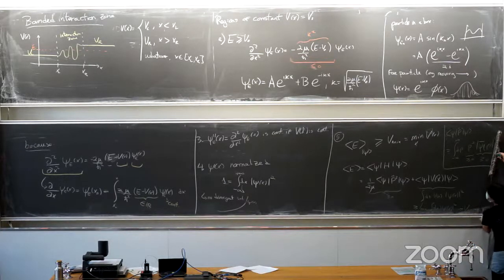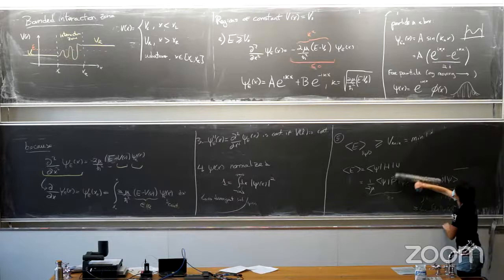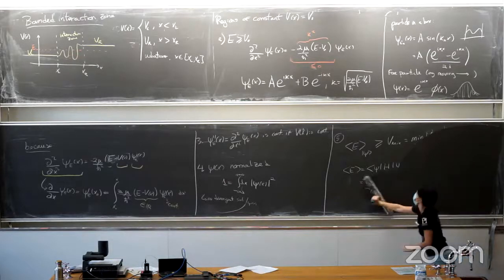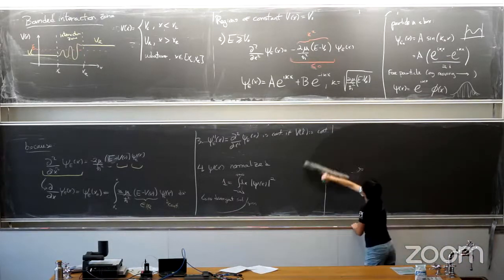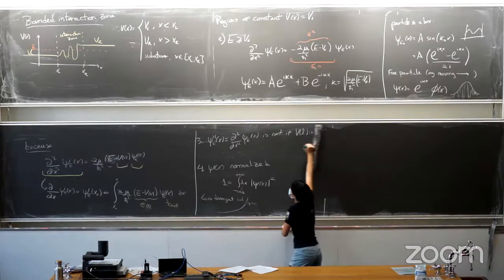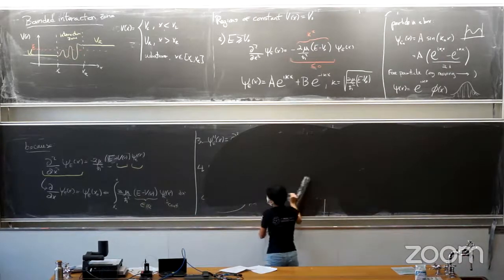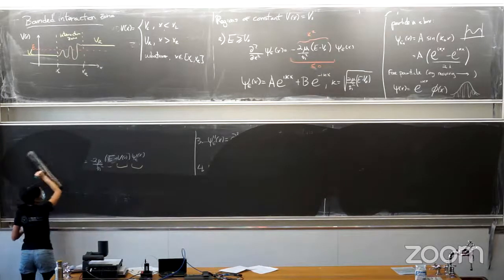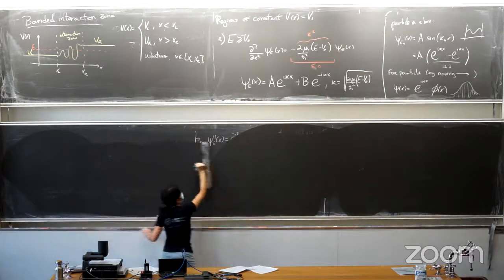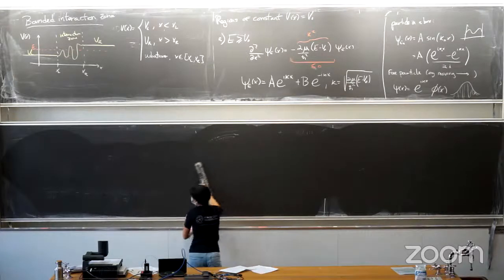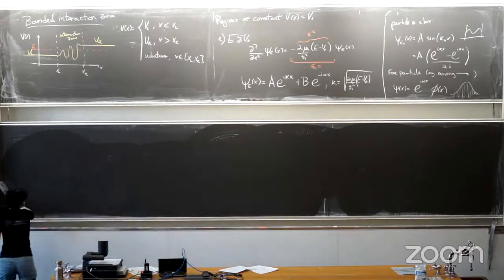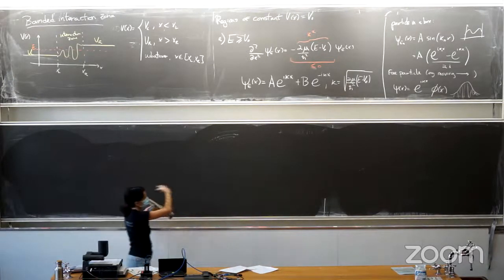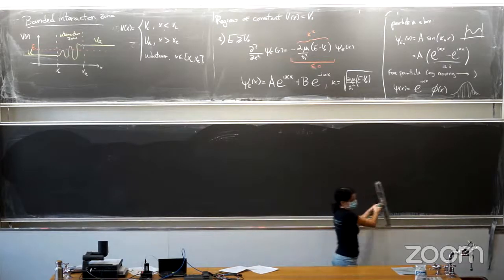So now we have one more case. Which is if the energy is less than the potential in this region. Of course, it cannot be less than the potential in every region, but for a given region, it could be lower.